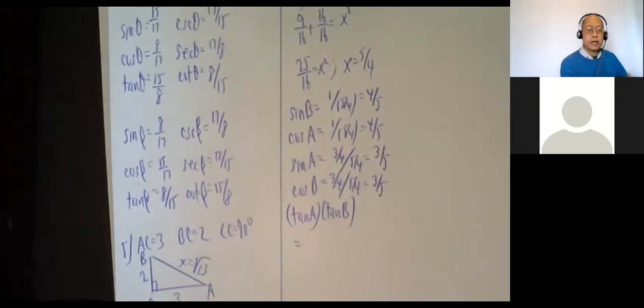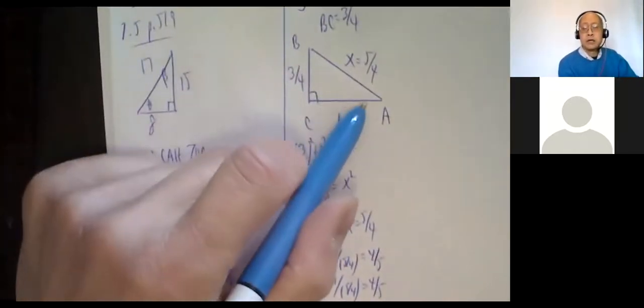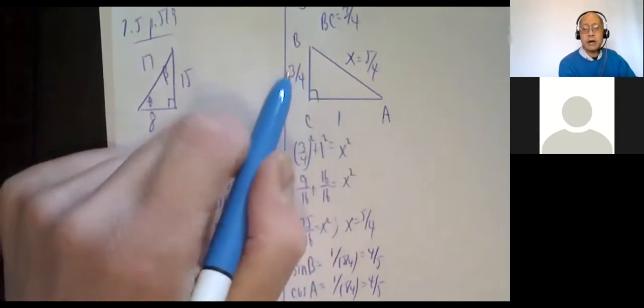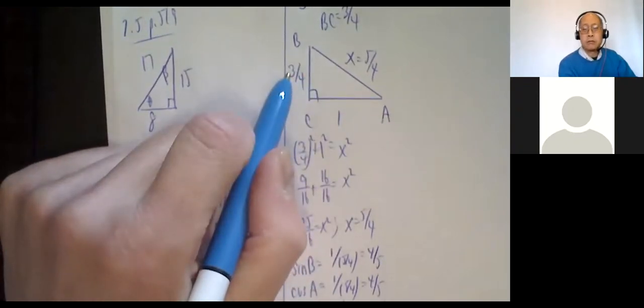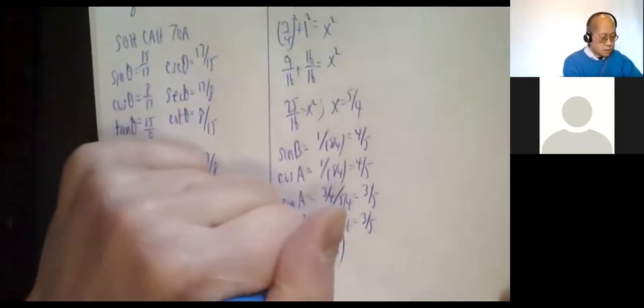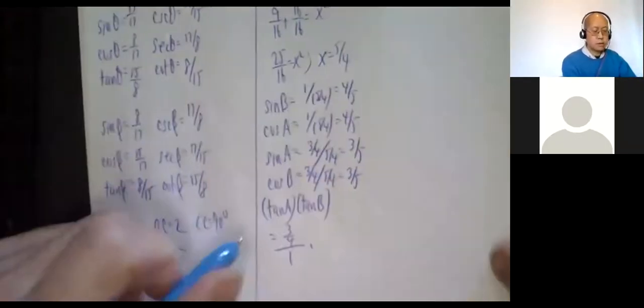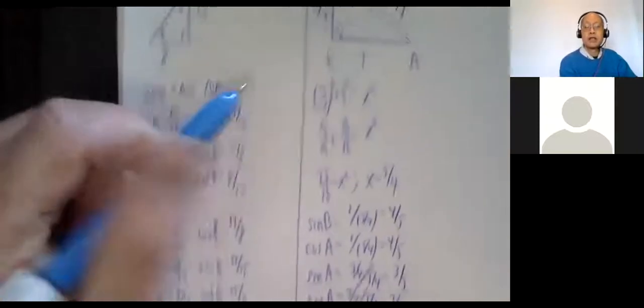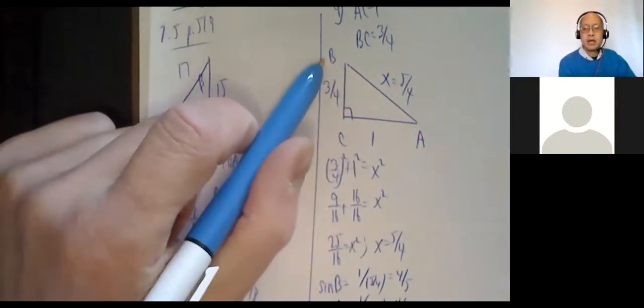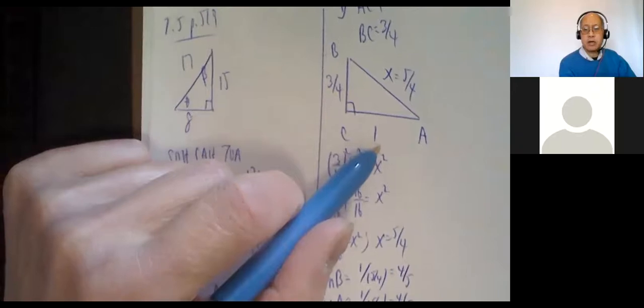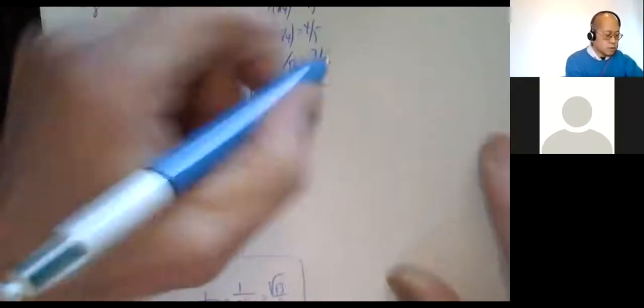Okay, tangent A times tangent B. Tangent is opposite over adjacent. 3/4 divided by 1. Tangent of B, its opposite is 1. Its adjacent is 3/4.